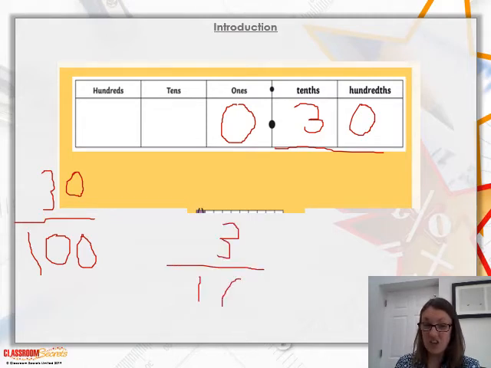So 30 hundredths is equivalent to, if I say I want 30 hundredths of the cake, it's the same as saying I want 3/10 of the cake. All right? Okay.